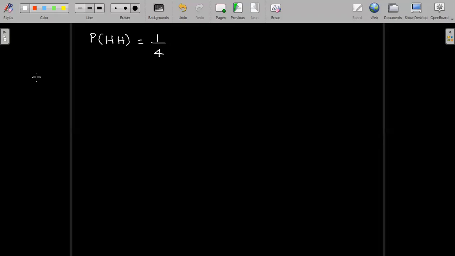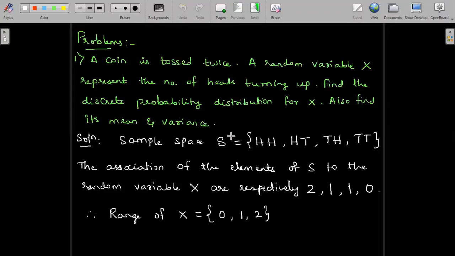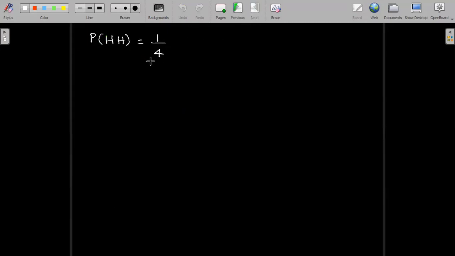The sample space is HH, HT, TH and TT, so there are 4 possible outcomes, which is why 4 is in the denominator. In the same manner, we can write down the probability of getting HT.